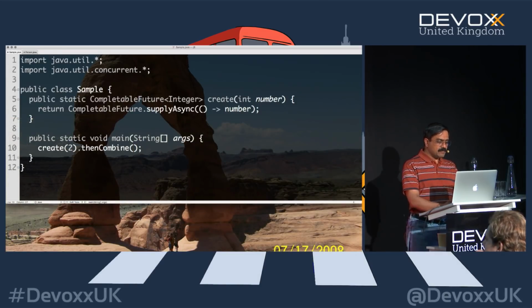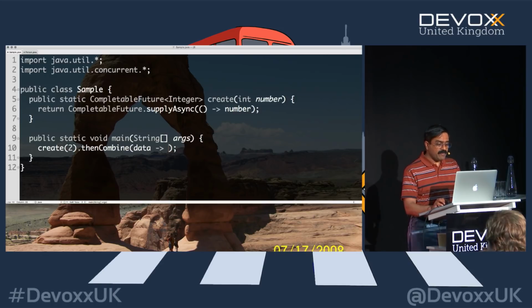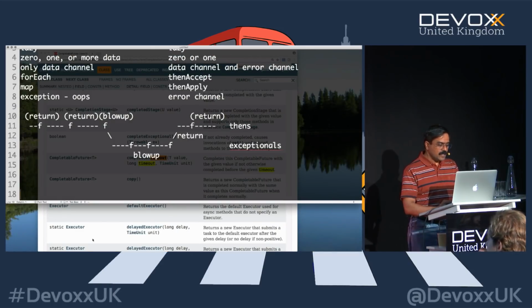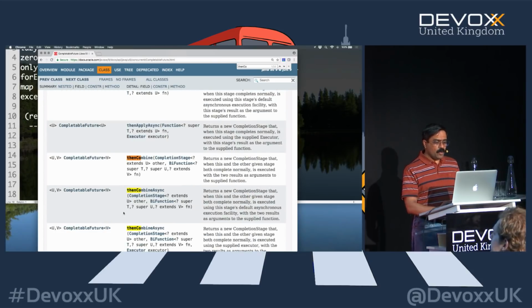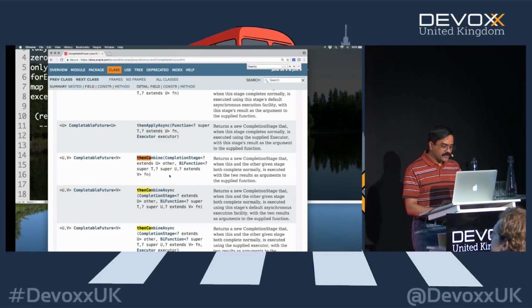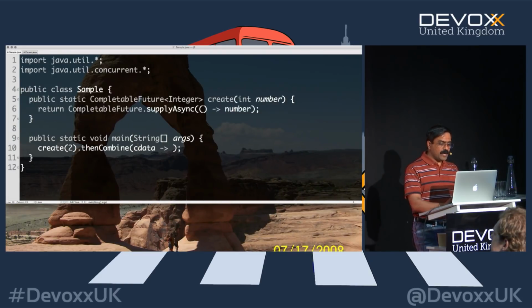And in this case, I'm going to say I got a data on my hand. And what am I going to do with the data that I'm receiving from the thenCombine? Let's quickly look up this API here. So here's the thenCombine. Notice the thenCombine says I get a CompletionStage and a function after that. So this is going to become a create of 3, comma.